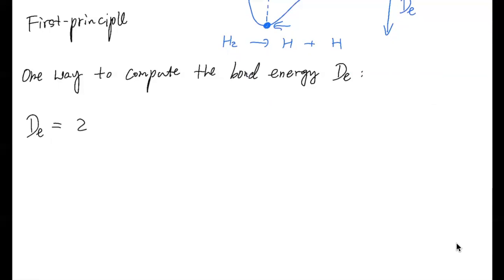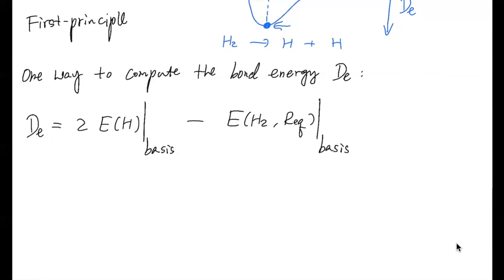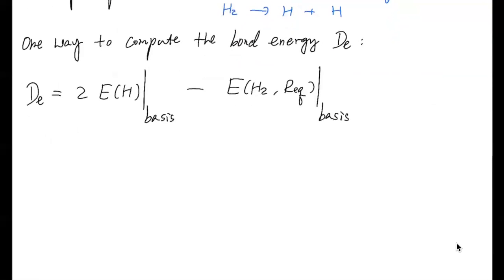So this is 2 times the energy of one hydrogen atom with your atomic basis, minus the energy of the hydrogen molecule at the equilibrium geometry with your chosen atomic basis, right? Remember, we have to use the same basis here, the same basis functions.